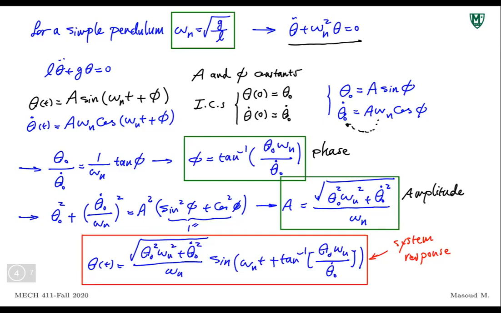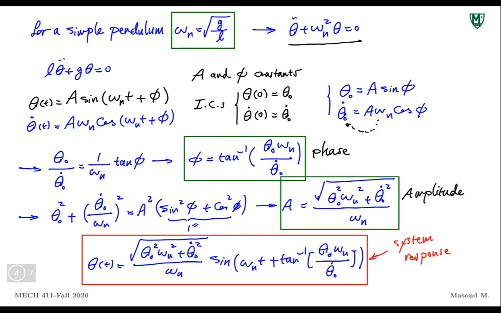How does that move? This tells me where this pendulum is at any given moment during the motion. If I let it go from here, after 2 seconds, where is the pendulum? Is it here? Is it there? Is it at the equilibrium point? That's what it tells me. So now it's not just about the equation of motion. Now I have the response of the system to some given initial conditions.